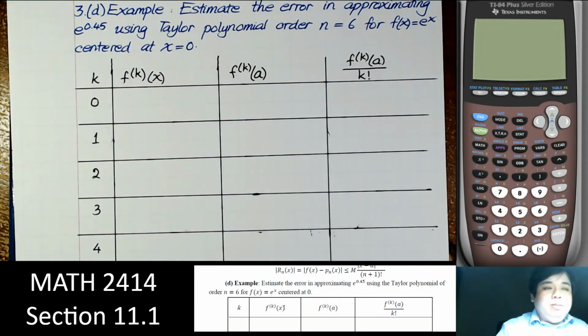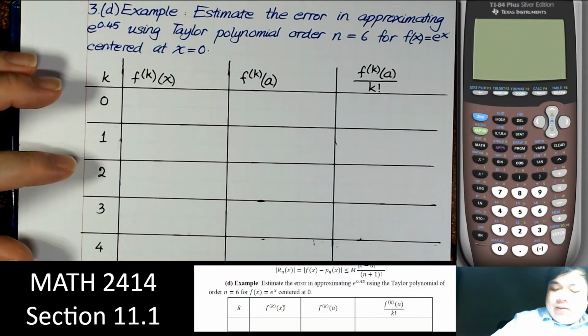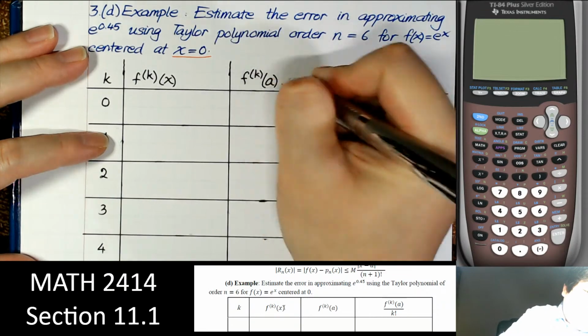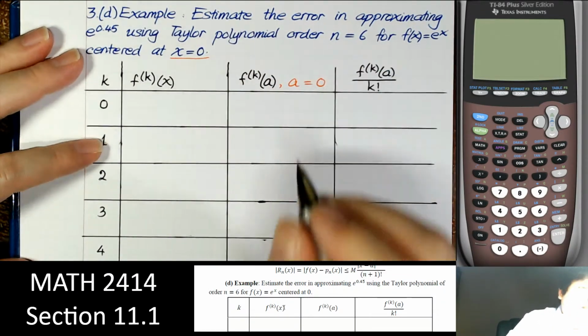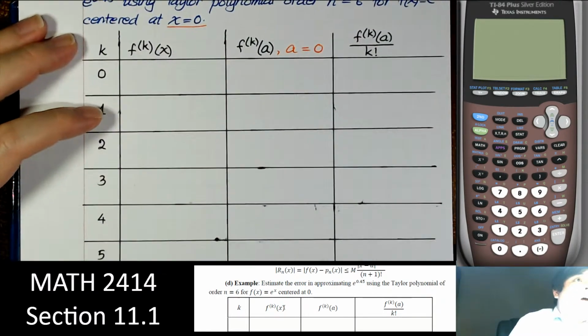Right, so that's simple enough. So first, x equal to 0. So that's what a is, the center of the Taylor polynomial. So it should be very simple.